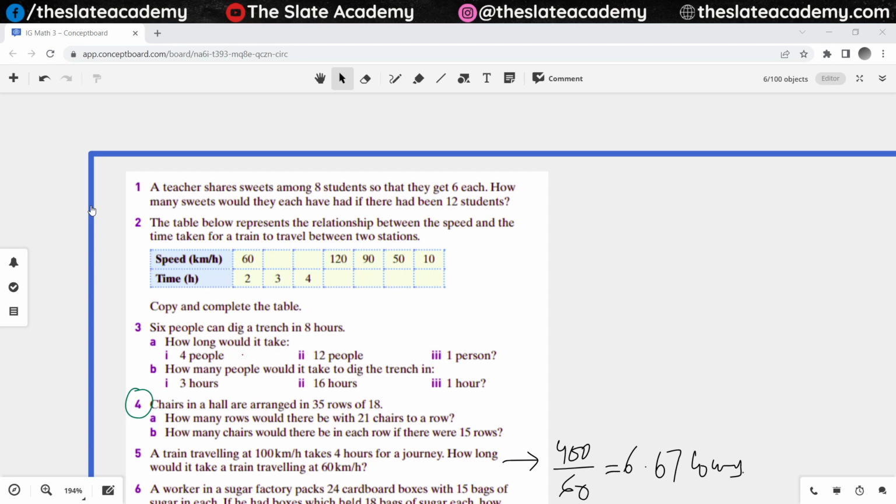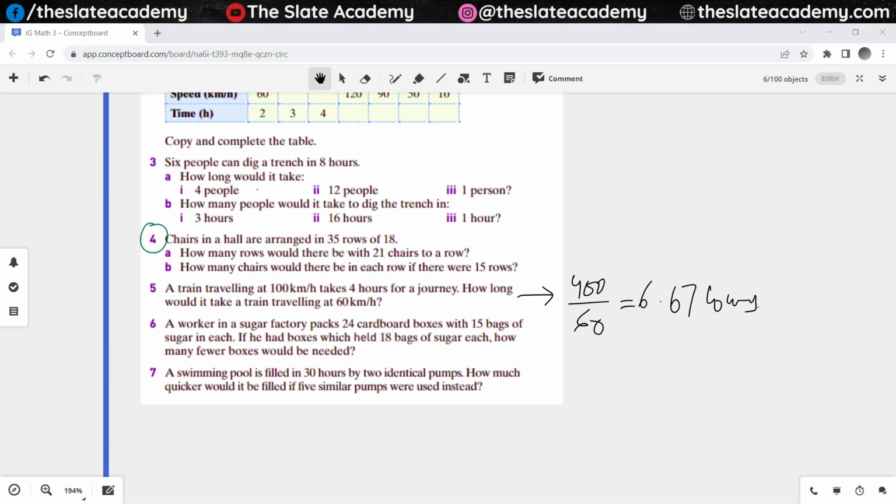All right. Question number 6 quickly, please. We have a sugar factory which packs 24 cardboard boxes with 15 bags of sugar in each. So total bags of sugar are 24 times 15, which is 360 bags of sugar.